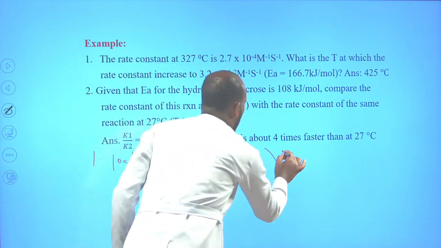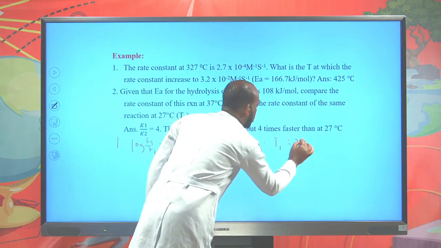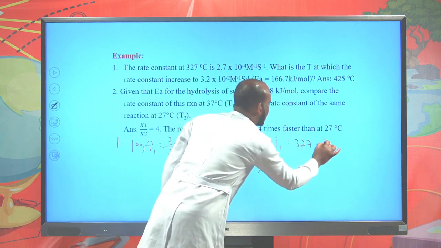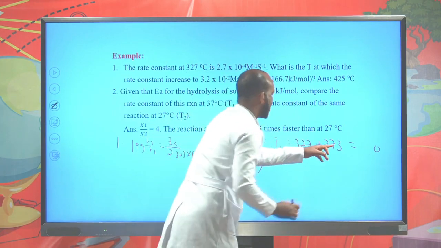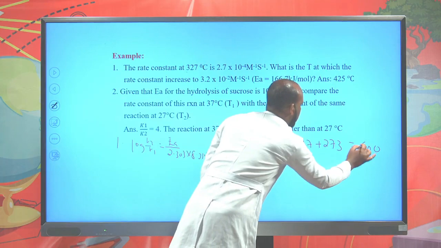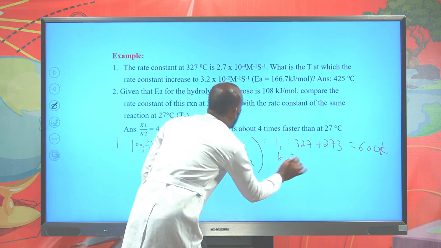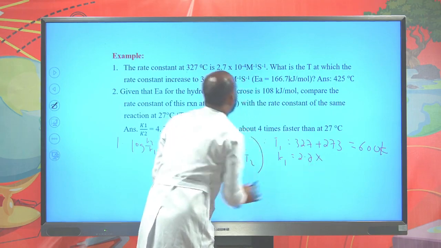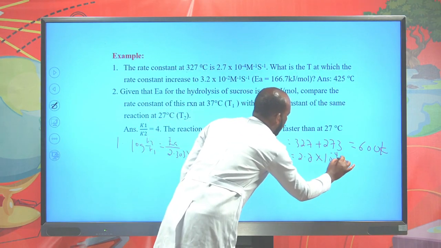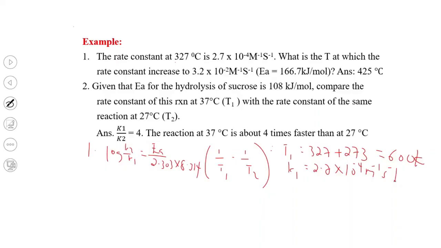Temperature 1, T1, equal 327 plus 273 in Kelvin equals 600 Kelvin. K1 equal 2.7 times 10 raised to minus 4 per molar per second. What is the temperature? You are asked to calculate temperature, T2 is unknown.